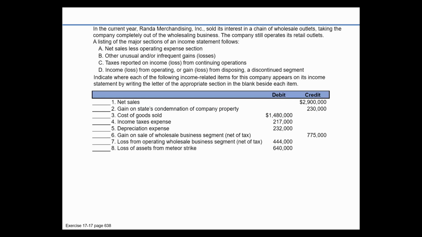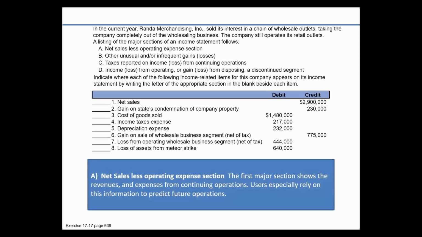A listing of major sections of the income statement follows. We're going to indicate whether each of the following income-related items for the company appears on its income statement by writing the letter of the appropriate section on the blank beside each item. The first one is the net sales less operating expense section. The first major section shows the revenues and expenses from the continuing operations.